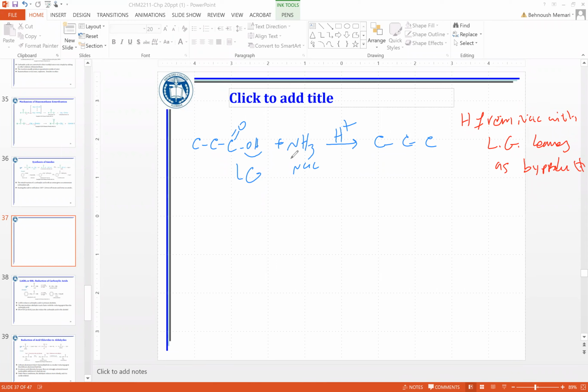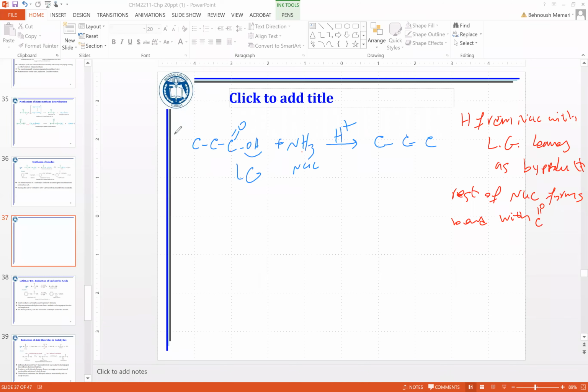The rest of the nucleophile forms a bond with the carbonyl carbon, with the CO double bond.